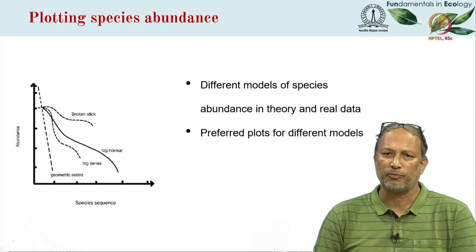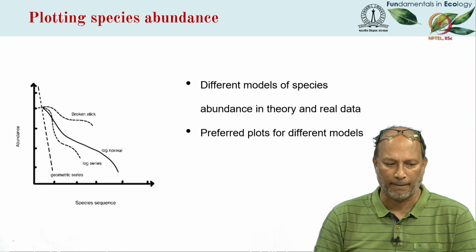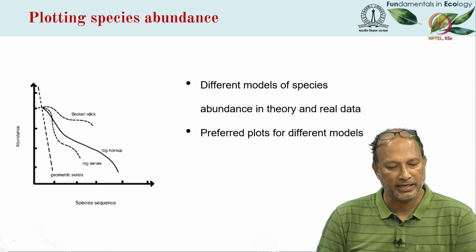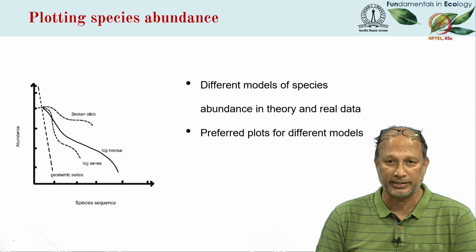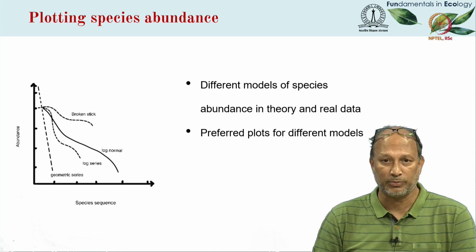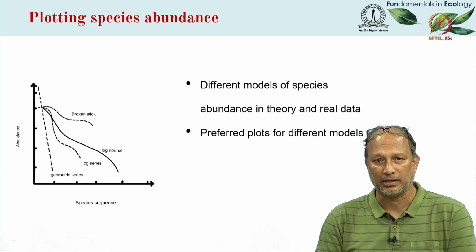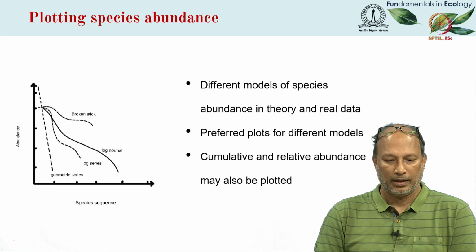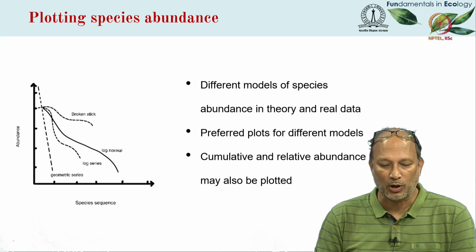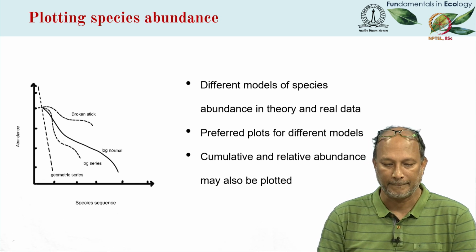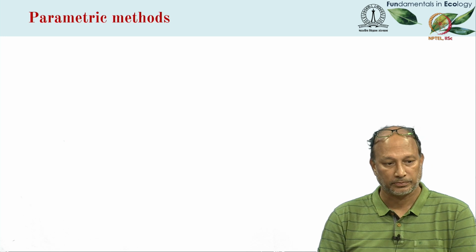And there are different preferred ways of plotting these different models. As you can see over here, at one extreme you get a geometric series which is extremely uneven, and at the other end you get a broken stick which is much more even. And we'll be talking about these in much more detail. Other ways of plotting this are also available, such as cumulative and relative abundance of these species.